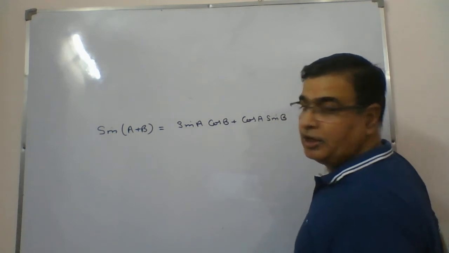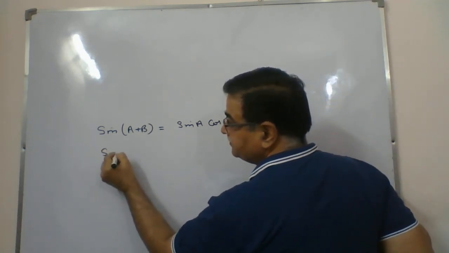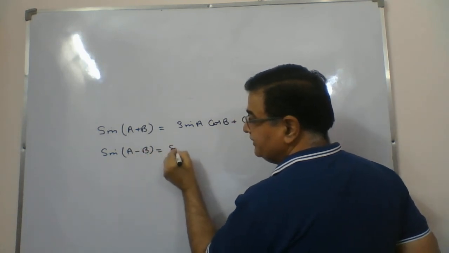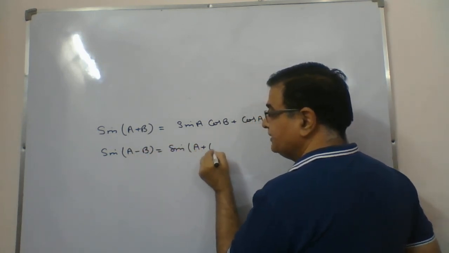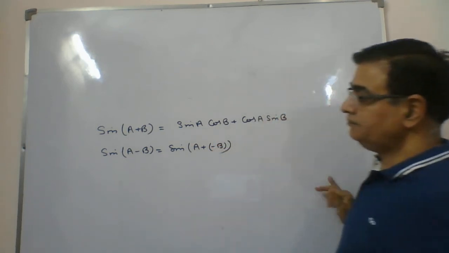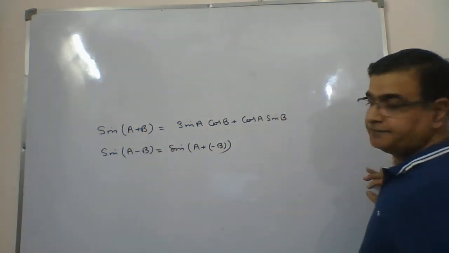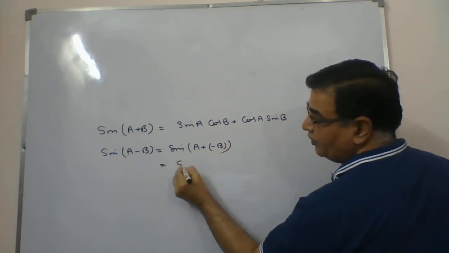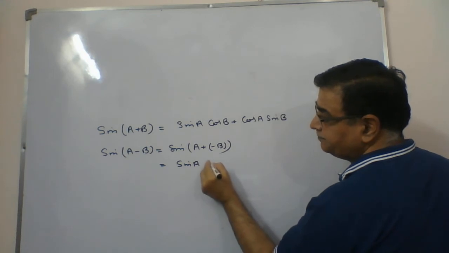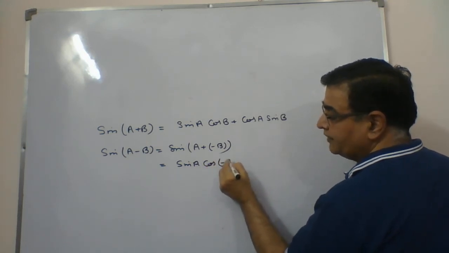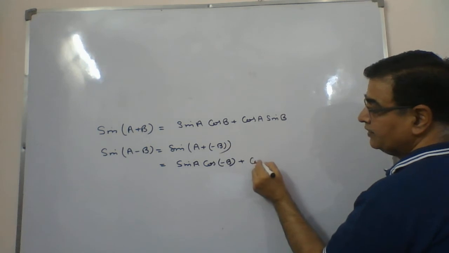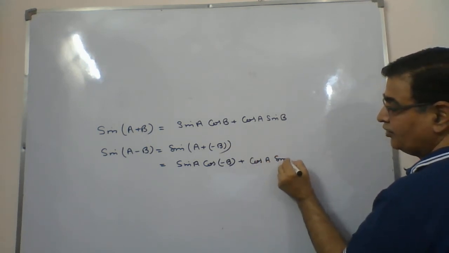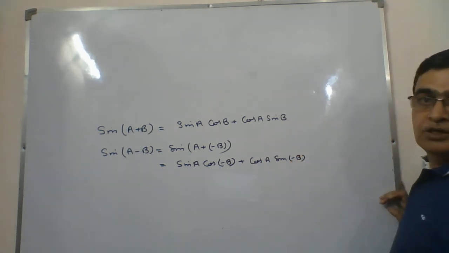Now I'll create the formula of sine A minus B. A minus B means I write this as sine of A plus (minus B). I use this formula again. This is A and now B will be minus B. So when you apply this formula, it will come out to be sine A cos of minus B plus cos of A, and then sine of minus B. What change will be there?